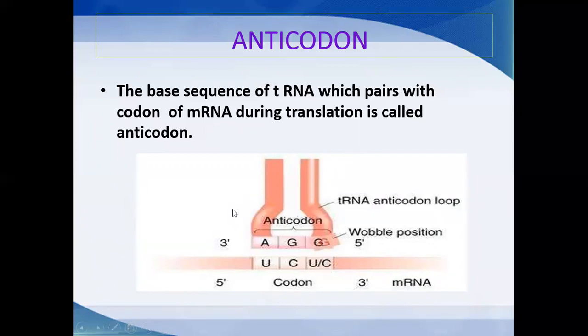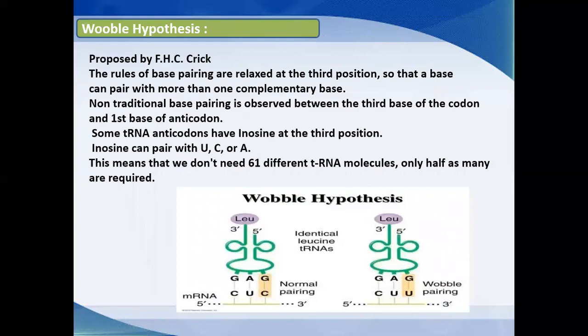So this is the anticodon. Next, we can go to one of the phenomena, that is the wobble hypothesis. The wobble hypothesis was proposed by F.H.C. Crick. In this hypothesis, the rules of base pairing are relaxed at the third position, so that a base can pair with more than one complementary base. Here you can observe that base pairing is relaxed at the third position of the codon.